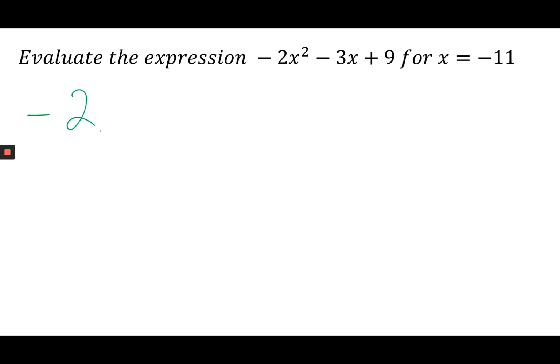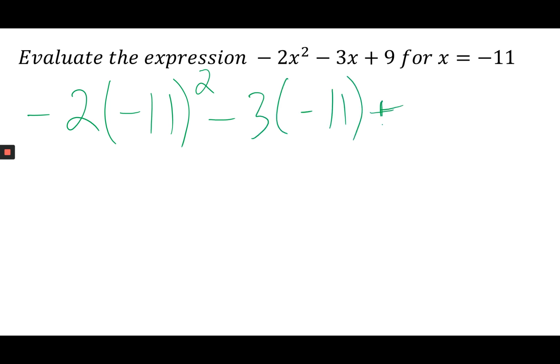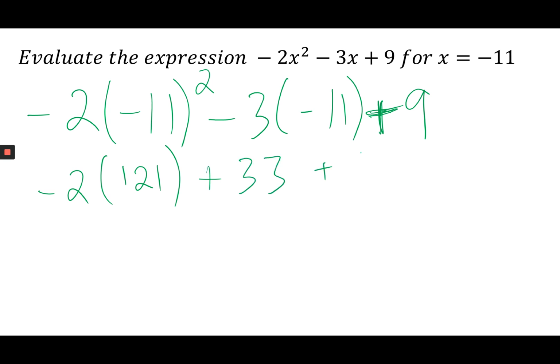Negative 2x squared minus 3x plus 9, x is given. Negative 2 times negative 11 squared minus 3 times negative 11 plus 9, right? Exponent first. Negative 11 squared is negative 11 times negative 11, which is 121. Negative times negative is going to be positive 33, and then plus 9.